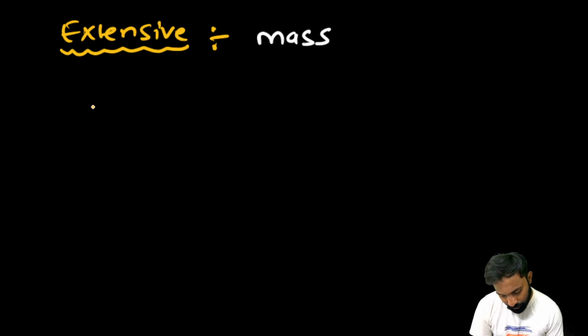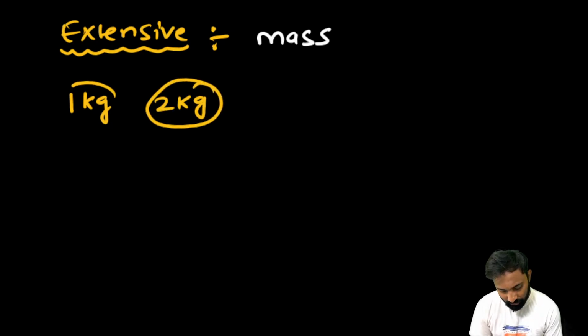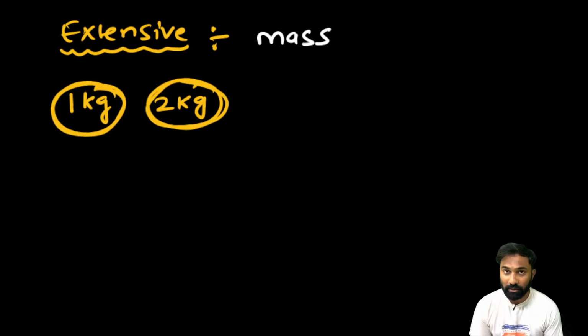Let's suppose a mass of 1 kg and a mass of 2 kg. Are both the same or different? Both are different. So the quantity of 1 kg and the quantity of 2 kg are not fixed, right? It depends upon the mass.